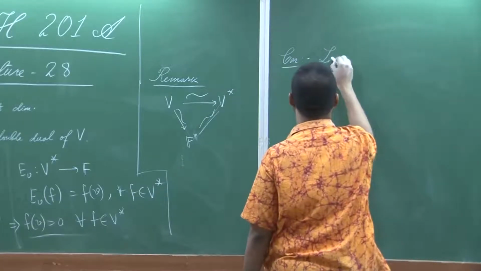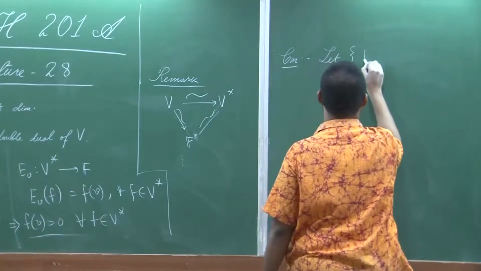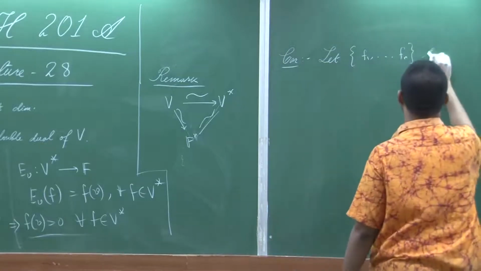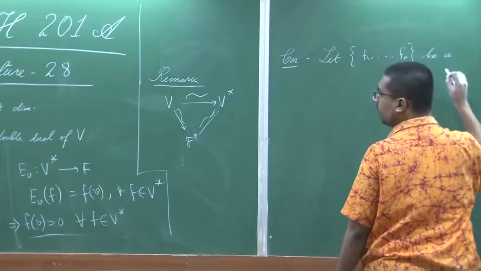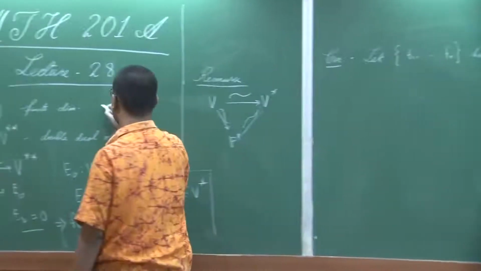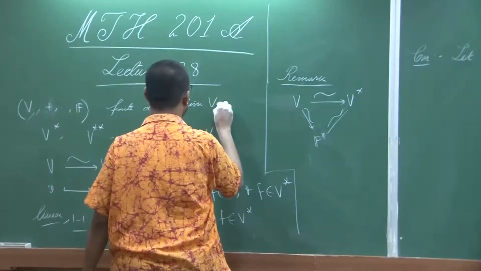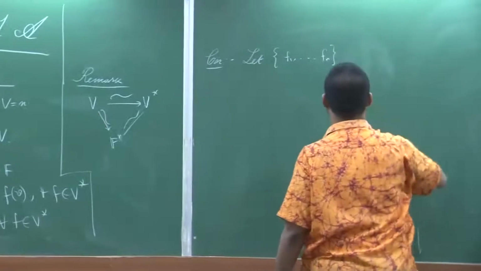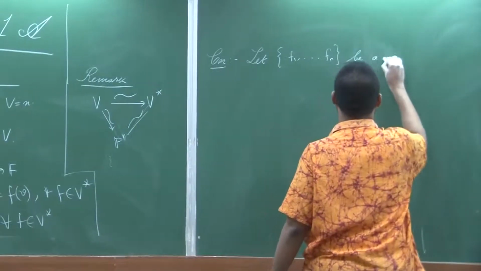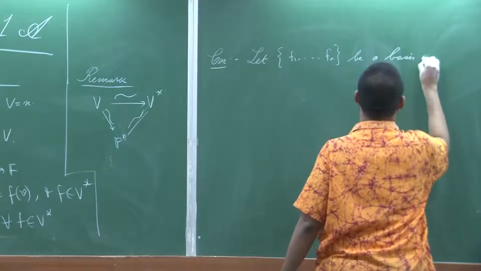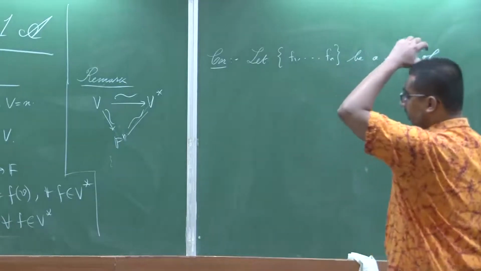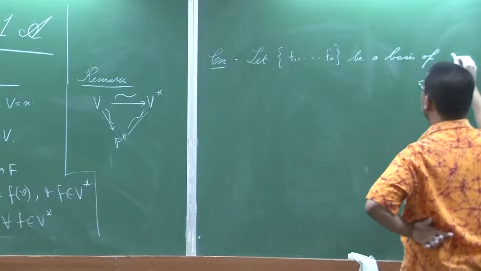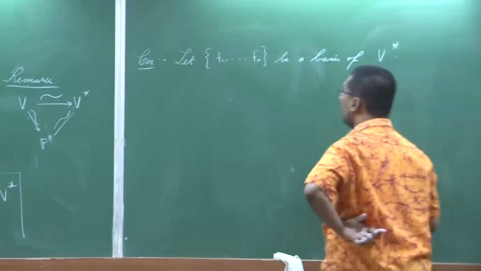let f1 up to fn be a basis of V star, okay.